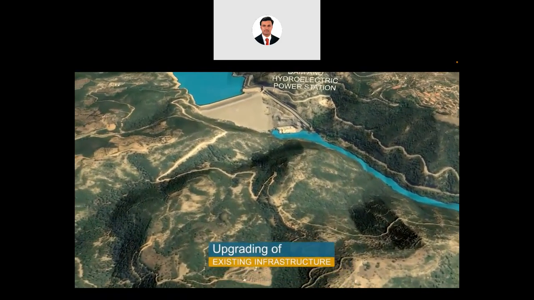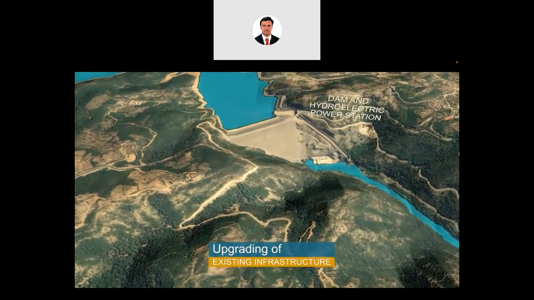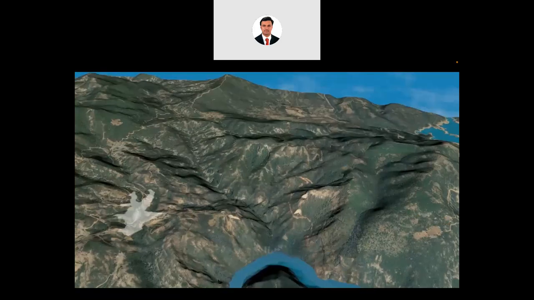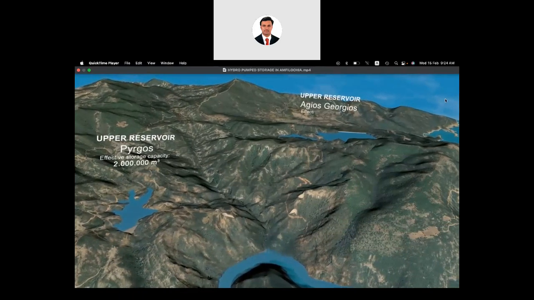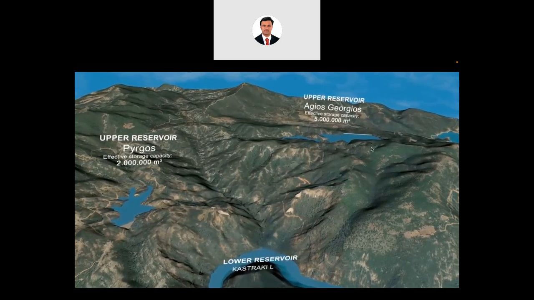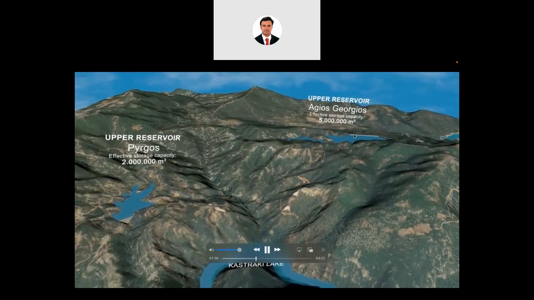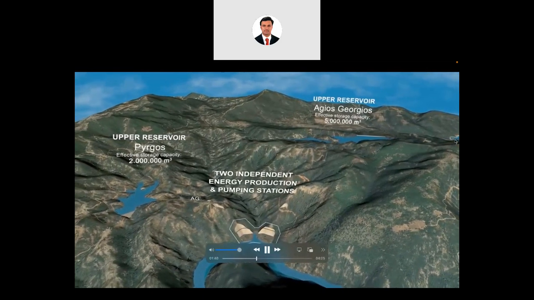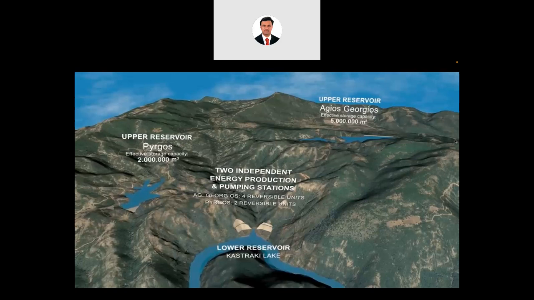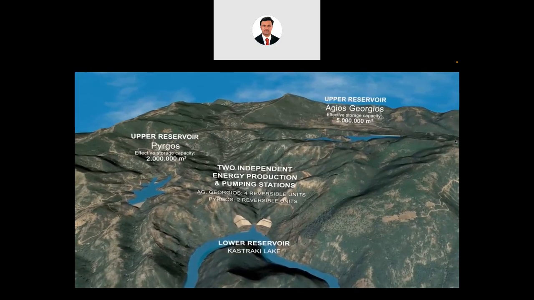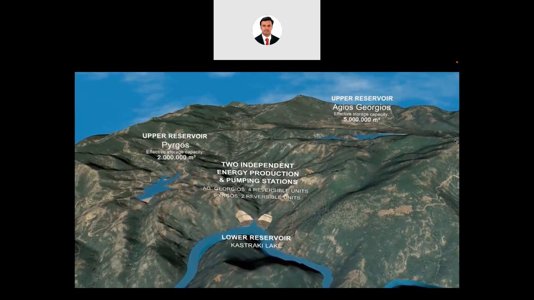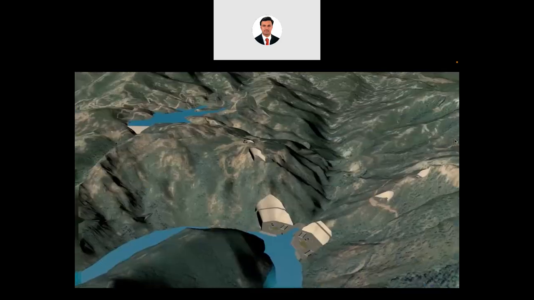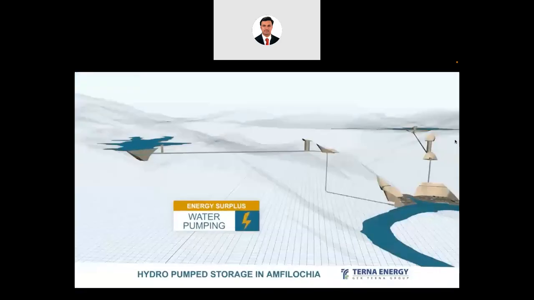This investment upgrades the existing infrastructure and power systems. The project's design includes the construction of 2 independent upper reservoirs, Pigos and Ayusioyos, while the existing Kastraki Lake will serve as a lower reservoir. 2 independent energy production and pumping stations will be constructed. Ayusioyos will host 4 reversible units and Pigos 2 reversible units.